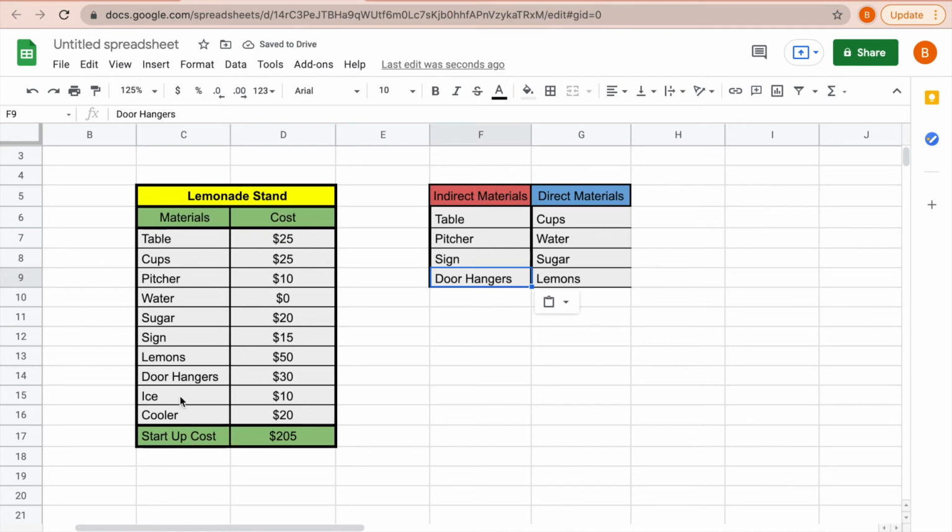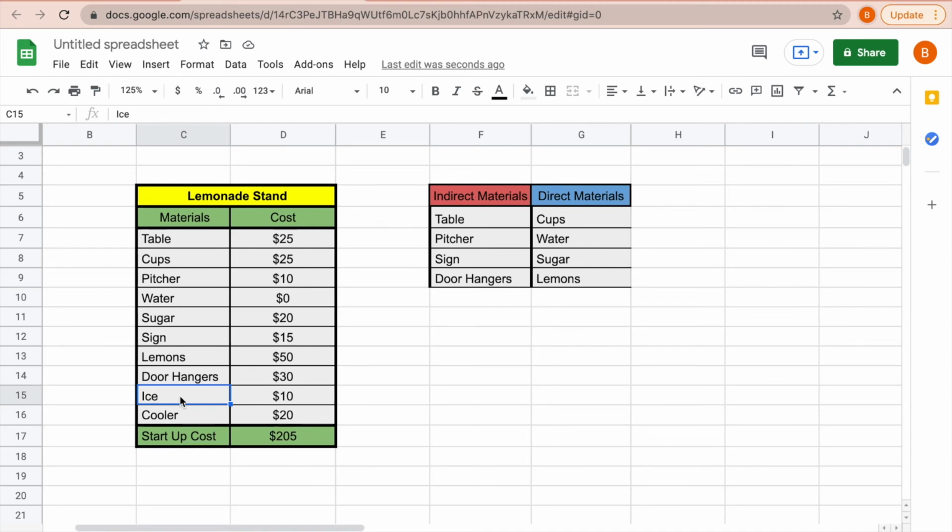The ice. The ice goes into the lemonade to keep it cool. This one's interesting. If you were to put the ice in the cup and then fill the cup with lemonade and then give it to the customer, so the customer gets the cup with lemonade and full of ice, that's a direct material.